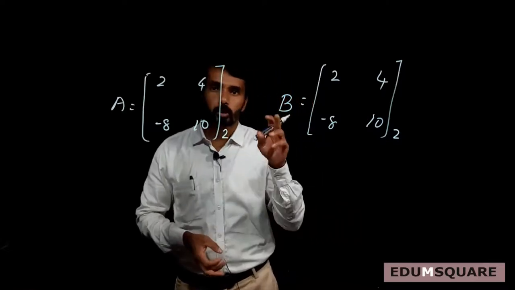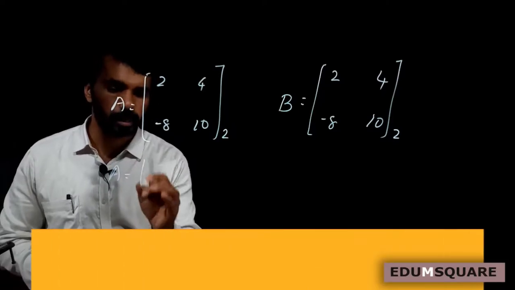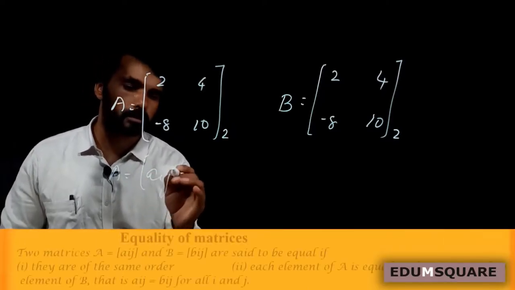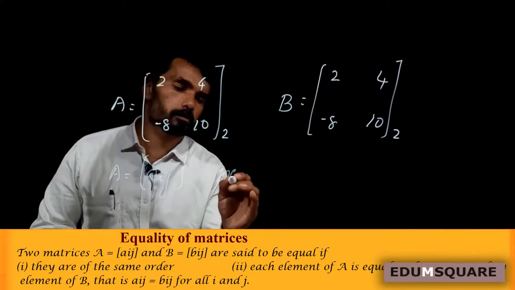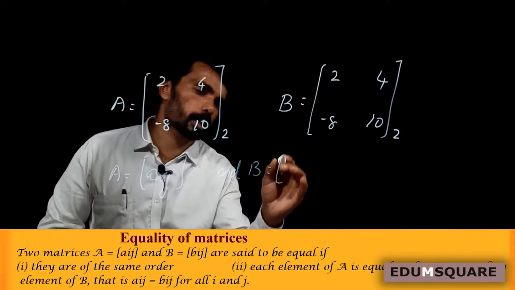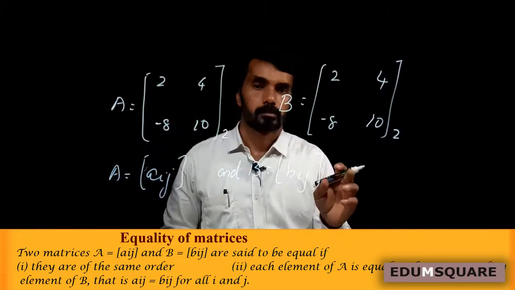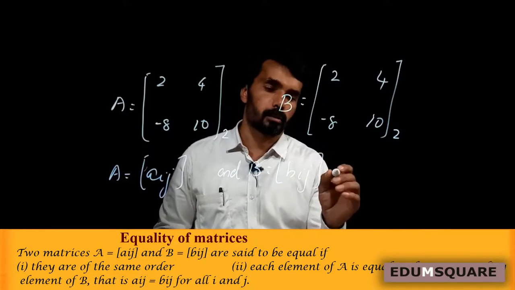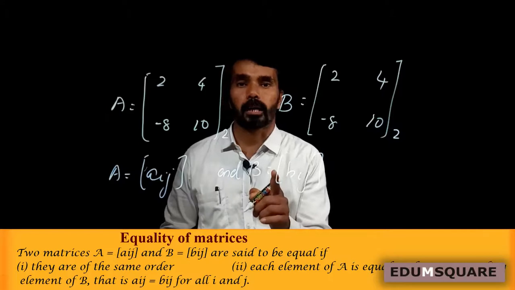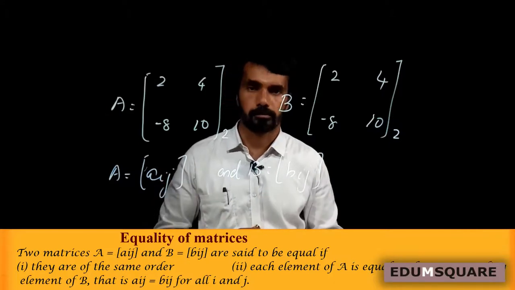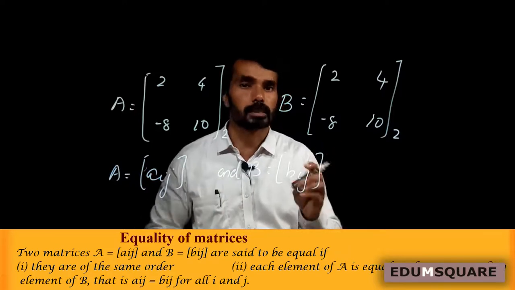So two matrices A equal to Aij and B equal to Bij are said to be equal if, first, A and B are of the same order. Both matrices A and B have the same order.